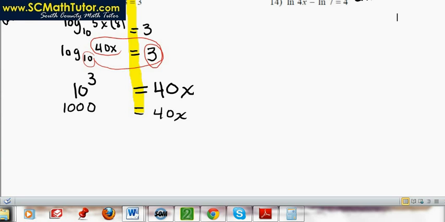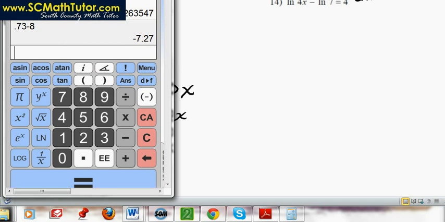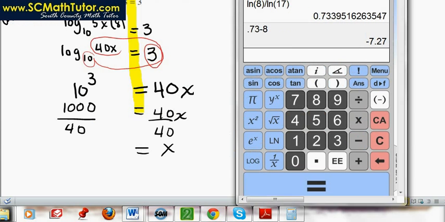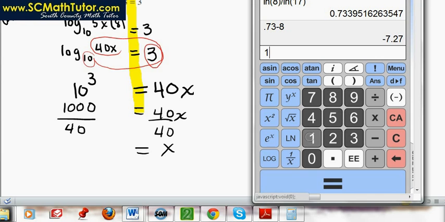Now we just want to get x by itself, so divide both sides by 40. Since we already have our calculators, you can use the calculator, or you can do it in your head. 1,000 divided by 40 equals 25.